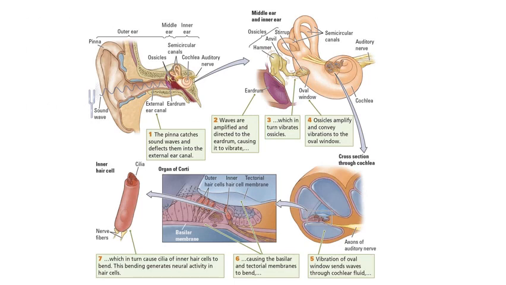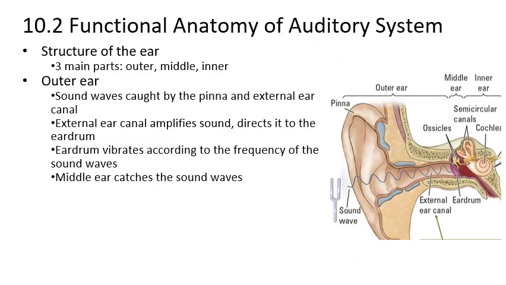This is an overview of the processing of sound in the ear. So we have the outer ear, the middle ear, and the inner ear. In the outer ear, sound waves are caught by the pinna, which is the fleshy outer part of your ear, and the external ear canal, and these act as a funnel toward your ear.